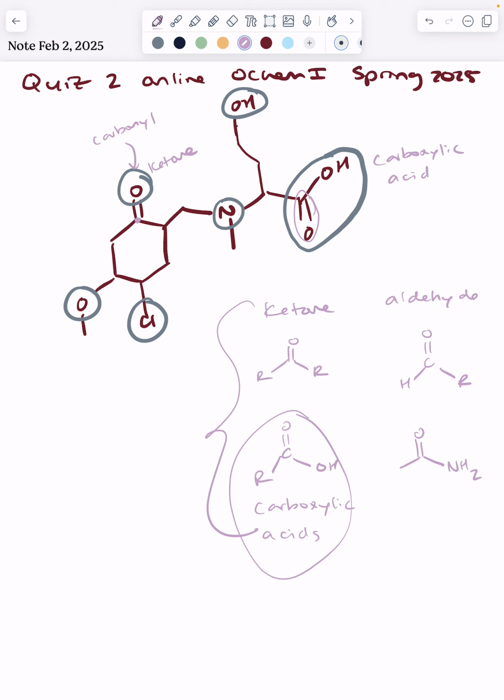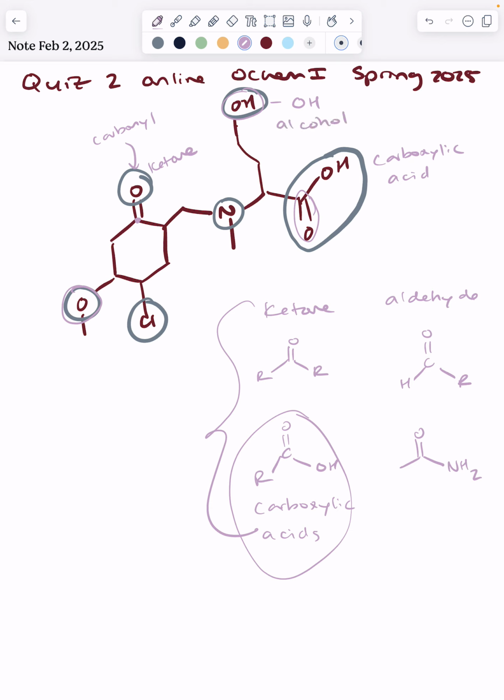So start by identifying any heteroatoms, anything that's not carbon and hydrogen, and then try to compare them to the list of things you know. The next thing, since we're already on oxygens, is I see two oxygens, one right here and one right here. One oxygen has a hydrogen, so this OH, oxygen with hydrogen, is an alcohol.